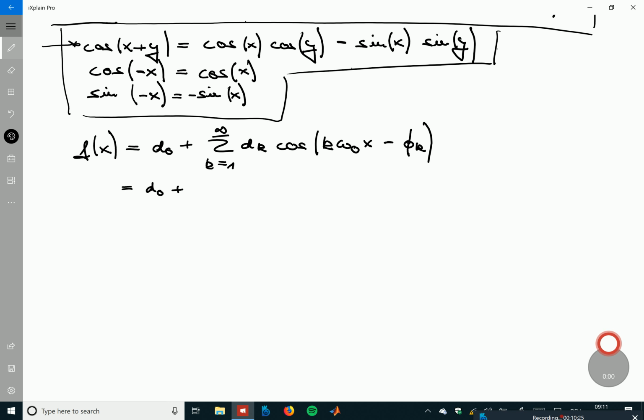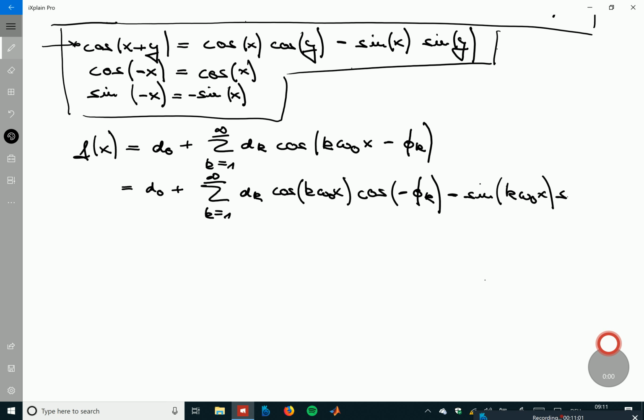So we can write this term as d_k, and now we apply this formula there. So we have cos(k omega_0 x) times cos(minus phi_k). Just realize that we have a plus here, so we need to take care that we had a minus there. Minus sin(k omega_0 x) sin(minus phi_k).